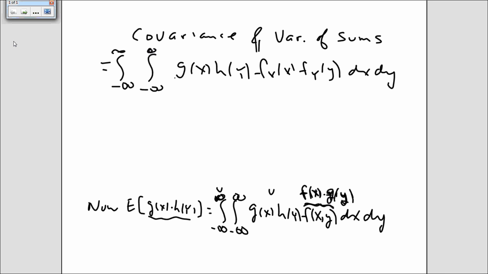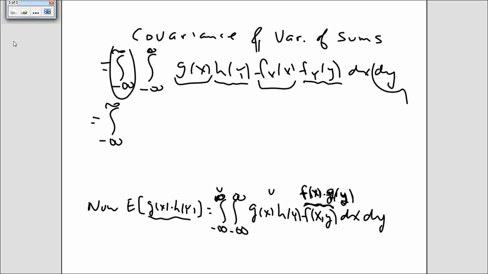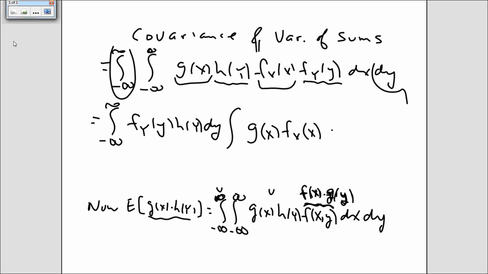Now, what I just underlined is only a function of x, and what I'm underlining now is just a function of y. I can separate it. Remember, this integral goes with the dy. So I can put the fY of y times h of y dy times the integral of g of x times fX of x dx.